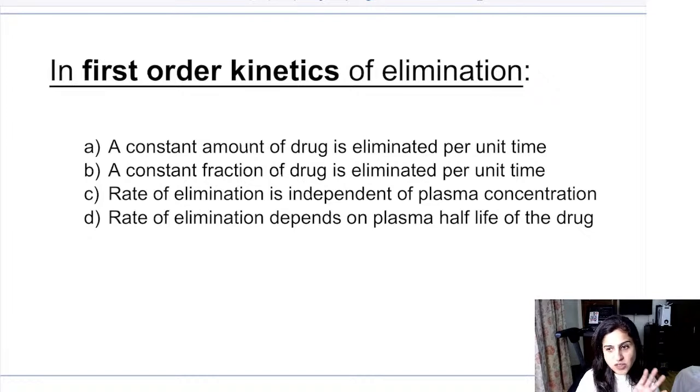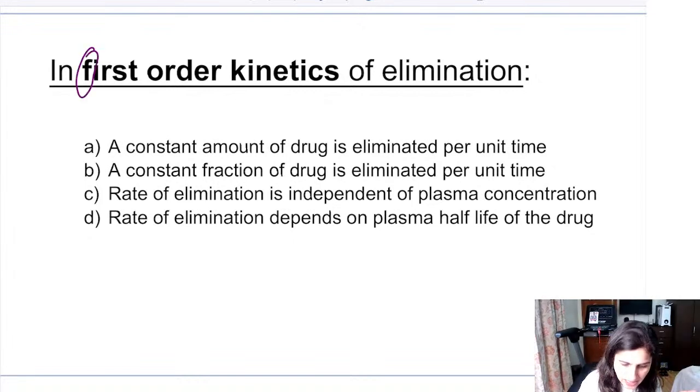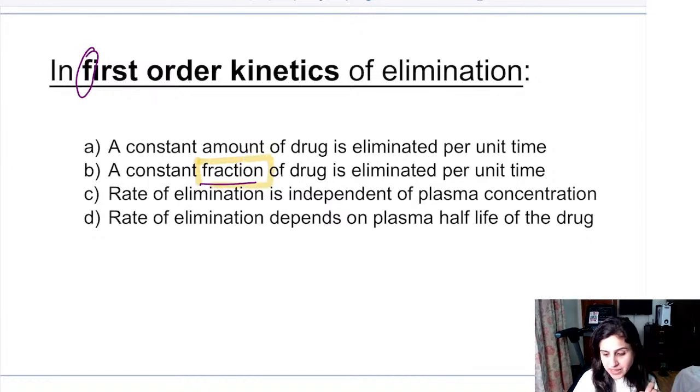So in the first order kinetics, first starts with an F, okay? So a constant fraction of the drug is eliminated per unit time. Constant fraction is proportion.